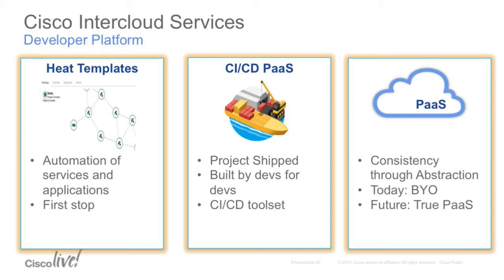The last point that I'll make around the developer platform is today a number of our users are deploying things like OpenShift and Cloud Foundry within tenant space in OpenStack. That's somewhat interesting, but at the end of the day, where we're going towards is building a true platform as a service offering that leverages the OpenStack APIs underneath.